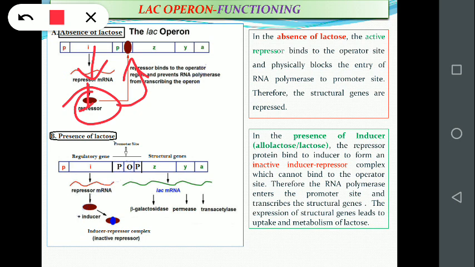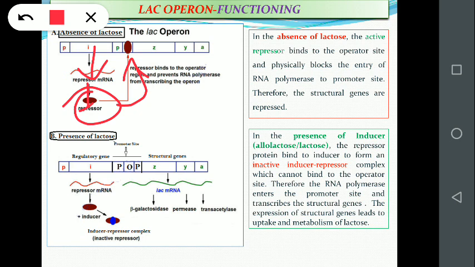So that is why it will inhibit the enzyme, RNA polymerase, from transcribing the structural genes. Now, once we add a small amount of lactose to the medium, what happens? Even though there is no lactose in the medium earlier, the lactose operon can produce very small quantities of enzymes. A very low level of expression takes place even in the absence of lactose. An almost negligible amount of these structural gene products will be formed.